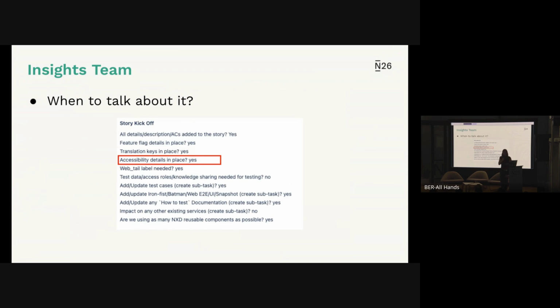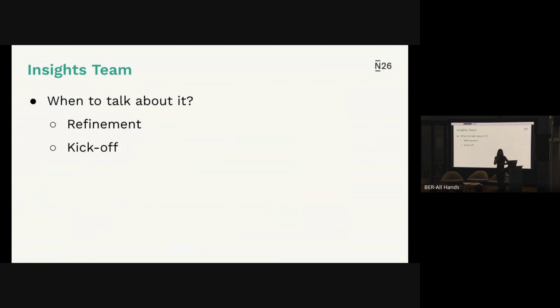And it is simply considered as part of our process, same as it's part of the work that we do, same as we discuss the backend contracts, same as we discuss feature flags or new endpoints. So in my team, refinement and kickoff are the two meetings that we use to talk about accessibility.